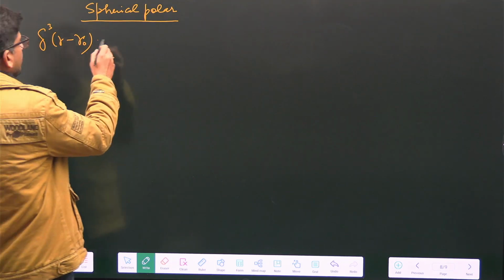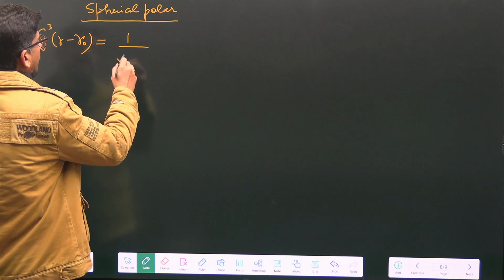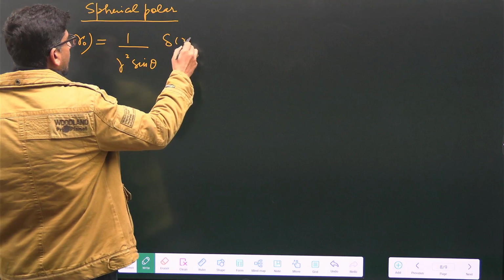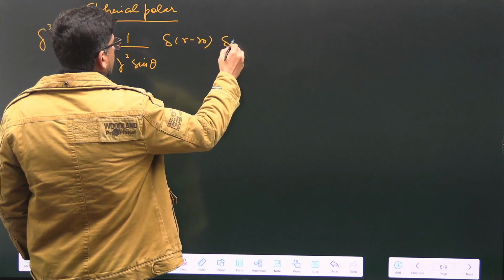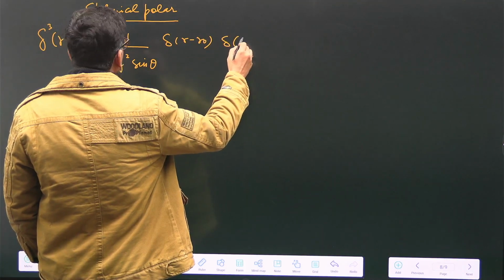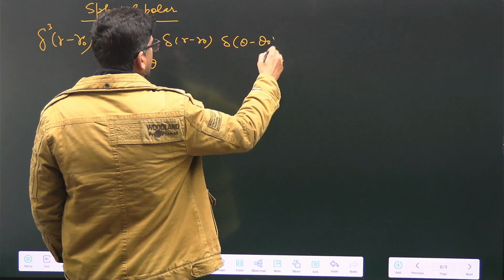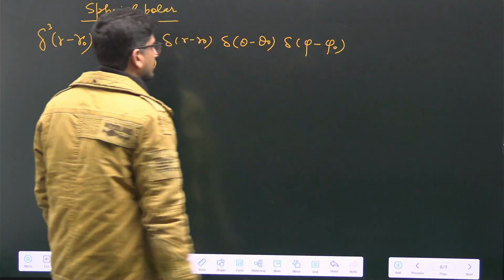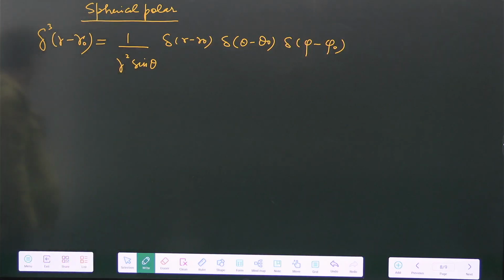Its value will be 1 by r square sine theta del(r minus r naught) del(theta minus theta naught) and del(phi minus phi naught). This is the spherical polar.